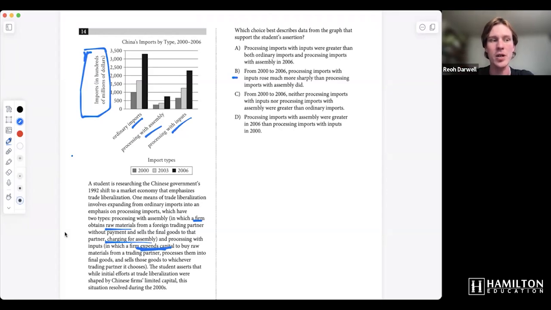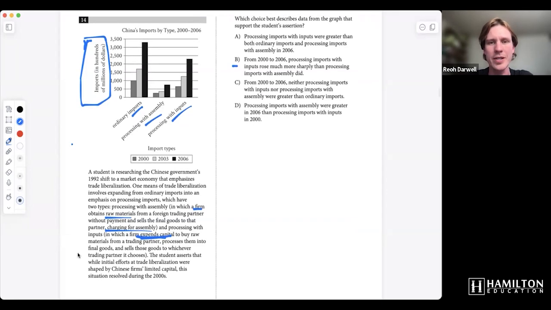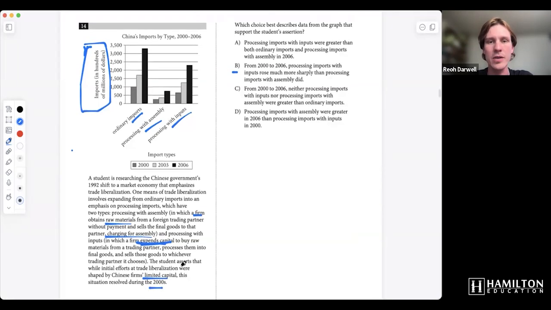Company B, on the other hand, would buy all the raw materials for this pen, use their labor to produce the pen, and then sell the pen to whoever offers the best price for the pen. So according to the student who is researching this, trade liberalization was shaped by limited capital that was resolved during the 2000s.